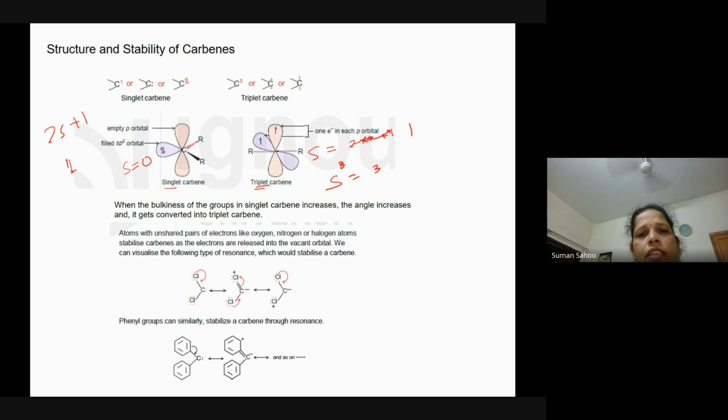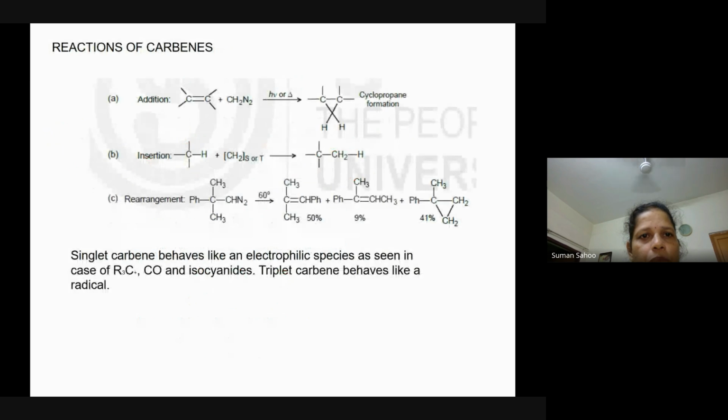Triplet carbene is always in the ground state, but it gets interconverted to singlet carbene in the reaction medium. Singlet carbenes get stabilized by the presence of a group or atom having lone pairs of electrons. Similarly, they are stabilized by phenyl groups also.